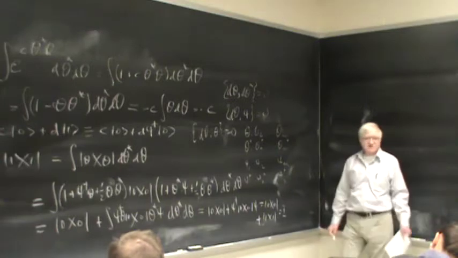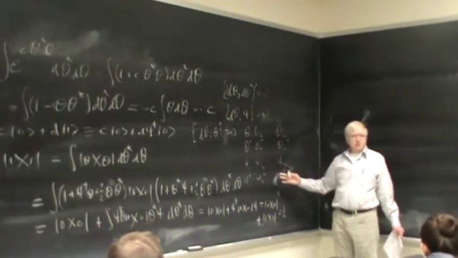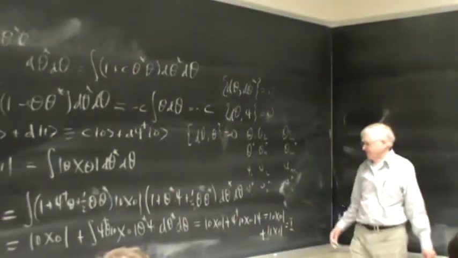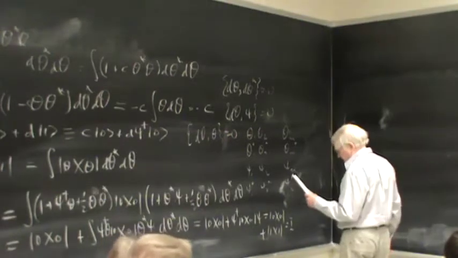Okay, so we have this space. The Grassmanns anti-commute with all the fermionic variables, and we can think of these as annihilation and creation operators if we want.